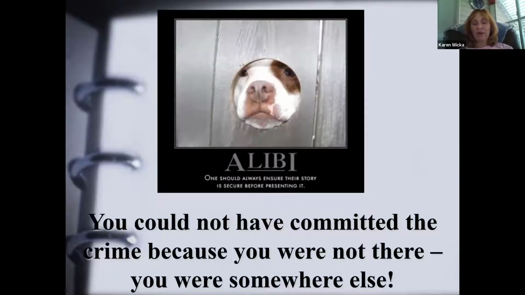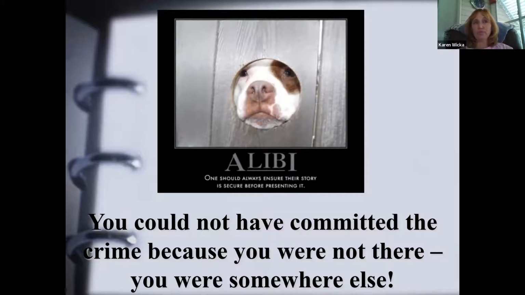Okay, so remember alibi. Alibi is actually one where you say, I did not do it. I did not commit this crime. So an alibi says you didn't do it because you were somewhere else. So if you want to raise an alibi defense, you have to prove to the prosecutor that you were somewhere else. So think about how you would do that.